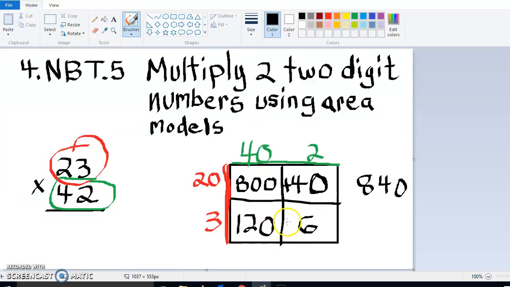And if I add 120 plus 6, I get 126. Add both of those numbers together, those partial products, and the answer would be 966.